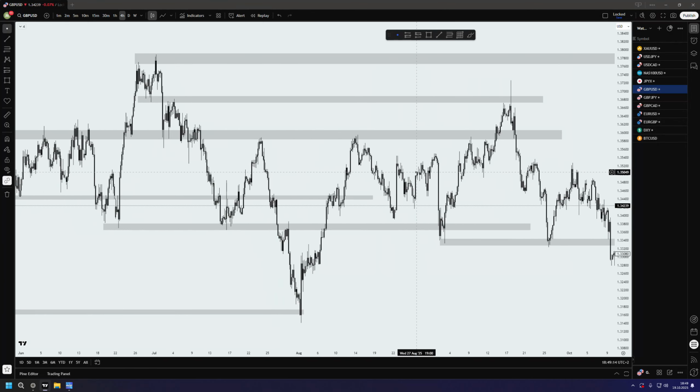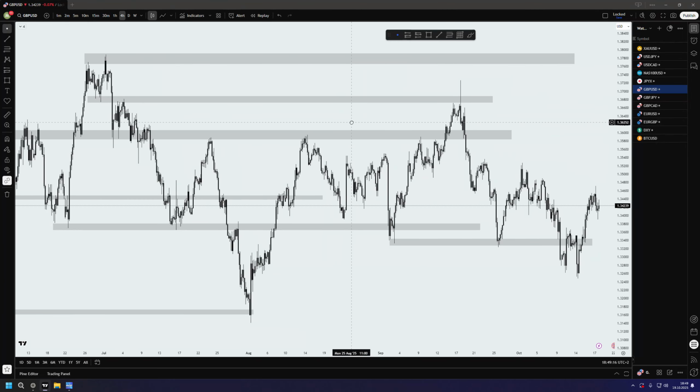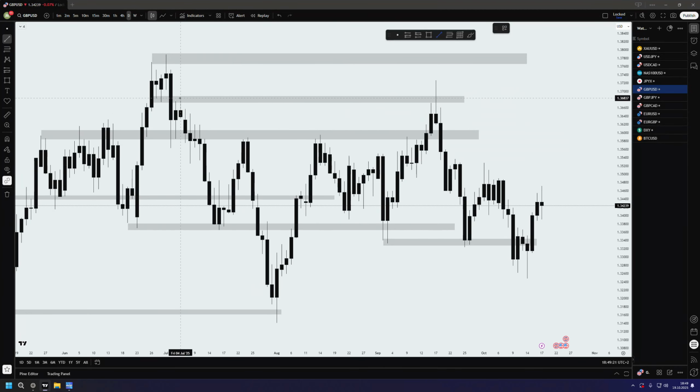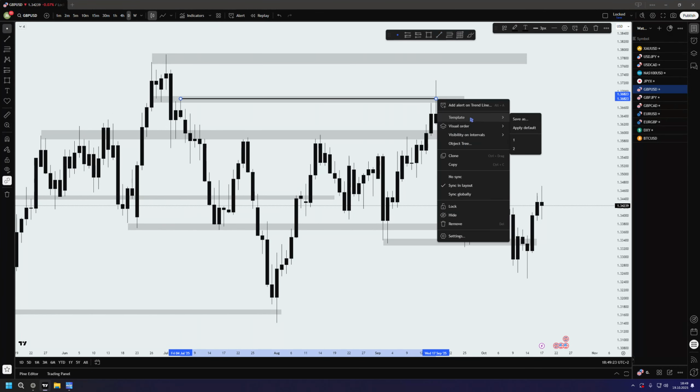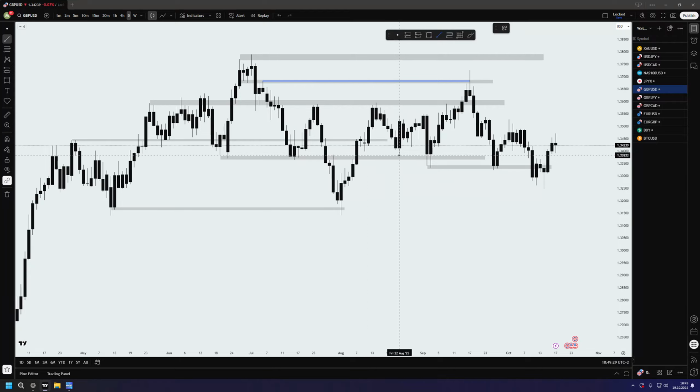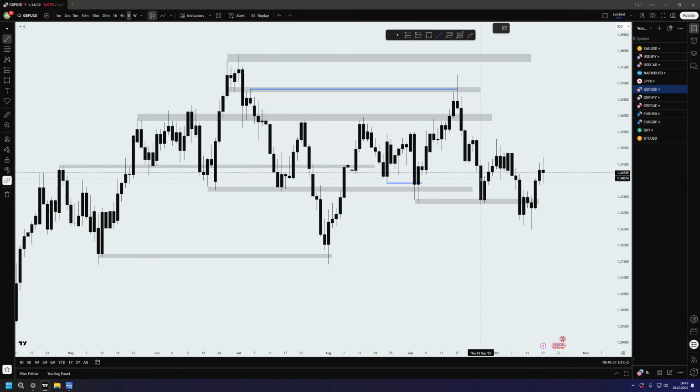And then what I usually do is I also mark the most important sweeps. Let's see, here was a sweep.